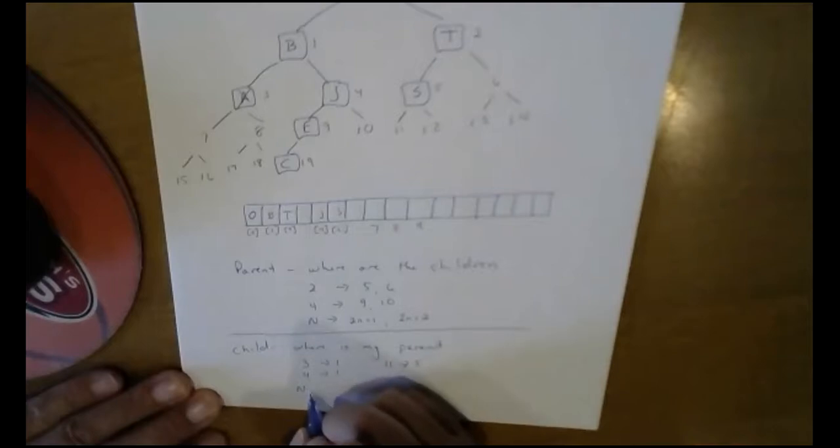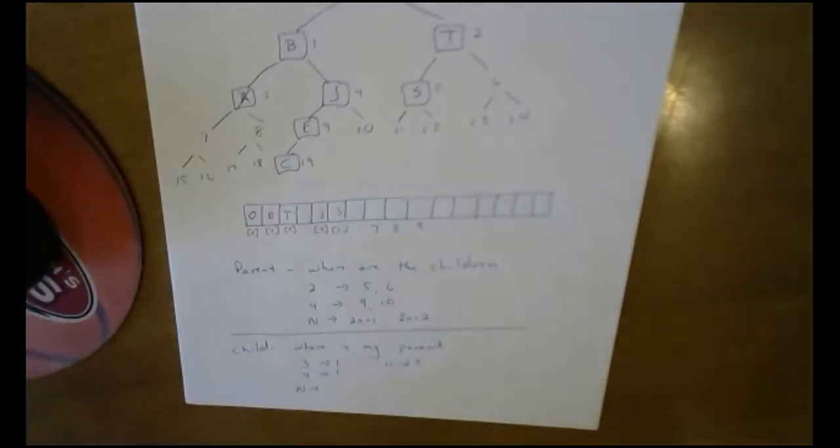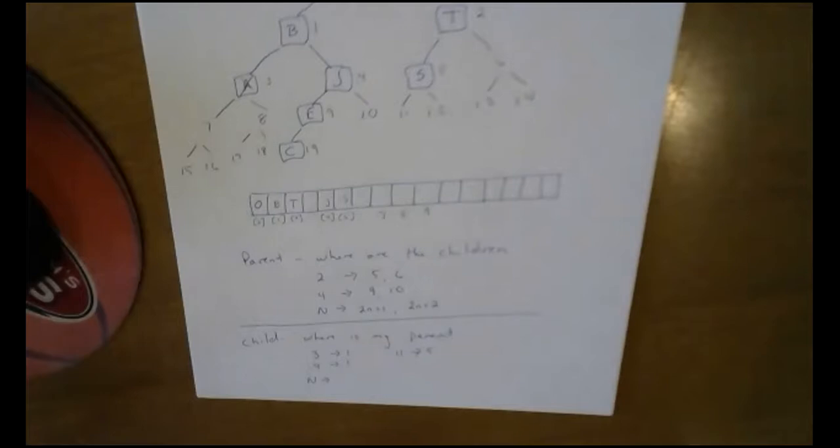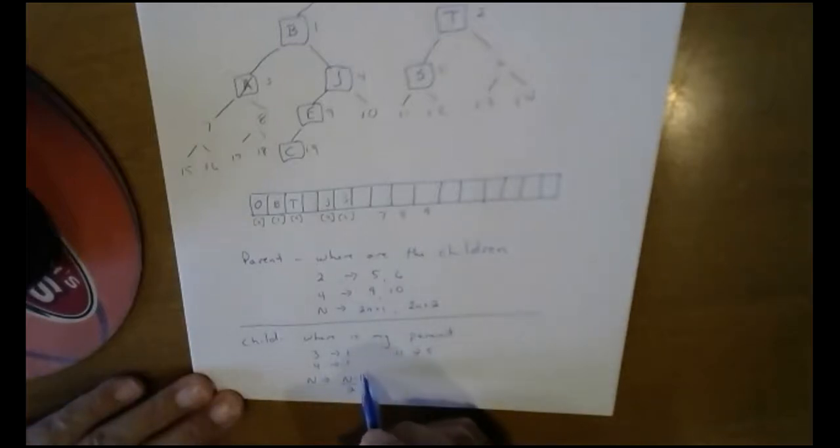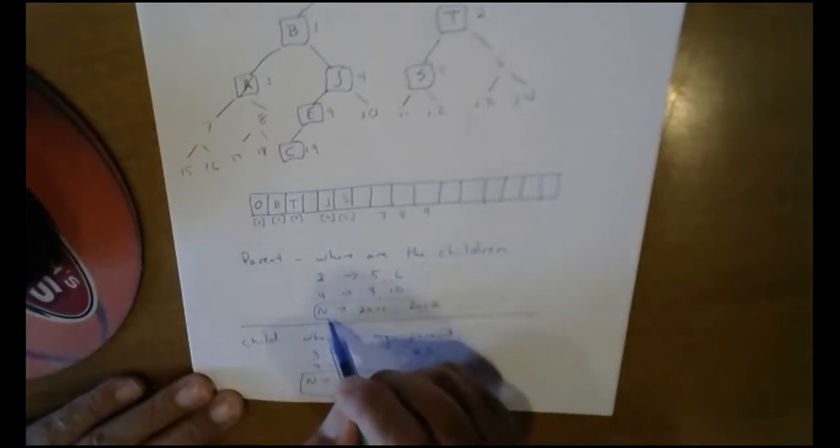If I'm a child at n, where's my parent? n minus 1 over 2. Does everybody like that? I think it depends if you're left or right, I guess.